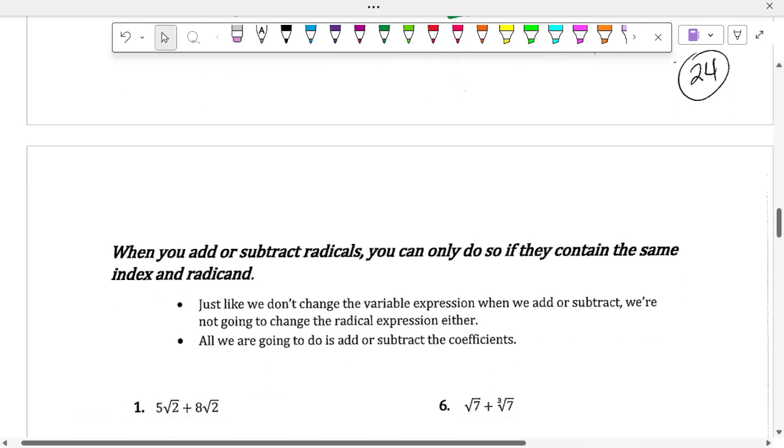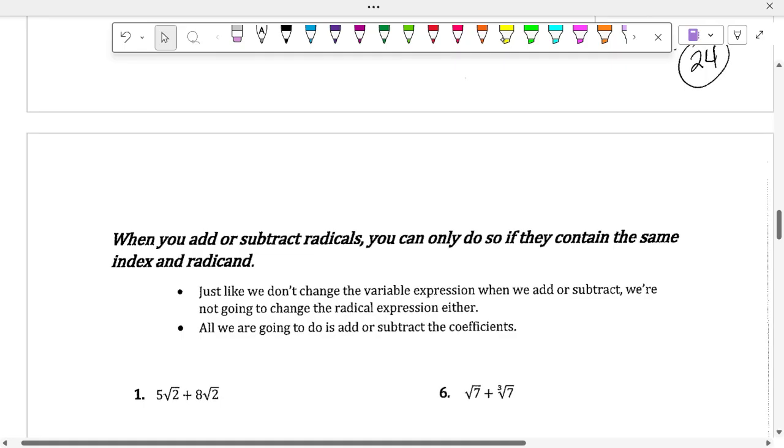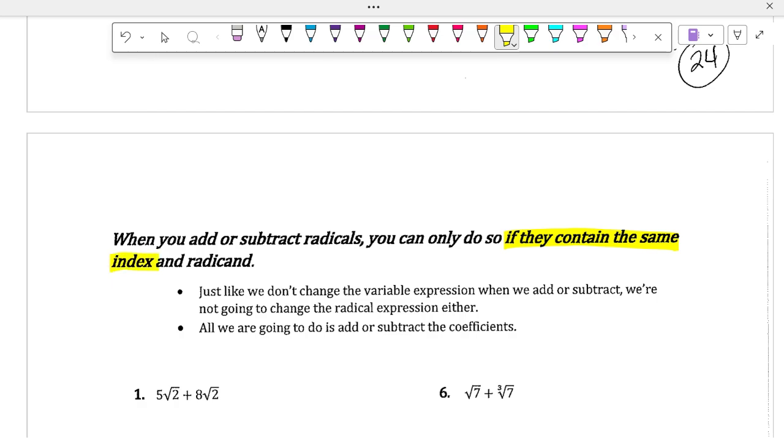Similar thing here. So when you add or subtract radicals, you can only do so if they contain the same index and radicand. Now, we talked about this last week. What's an index? It's the number outside the radical. So in other words, if I had a cube root, my index was 3.